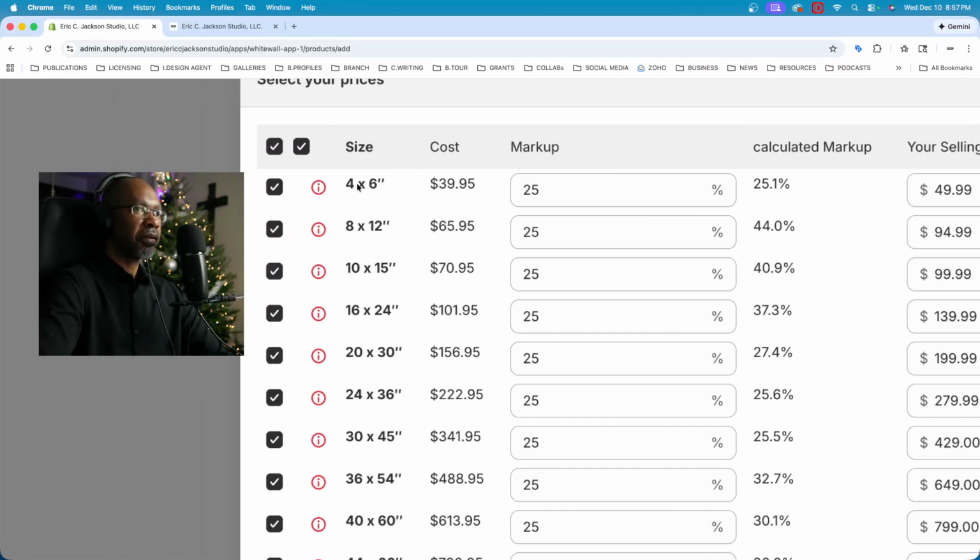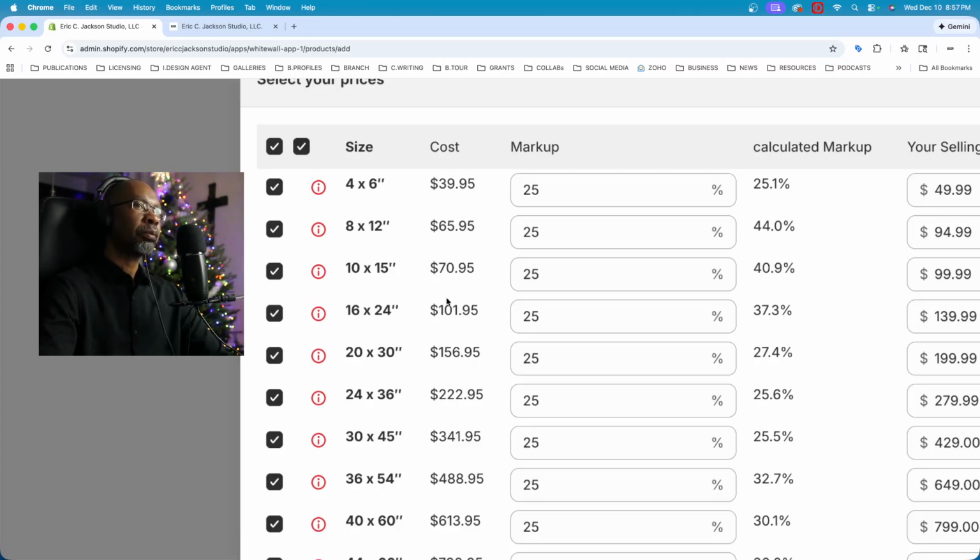So the cost, this is the base price, like $39.95, $65.95 for this particular product. So then I compared that with my records, and I found that the price increased nearly across the board with the base price.